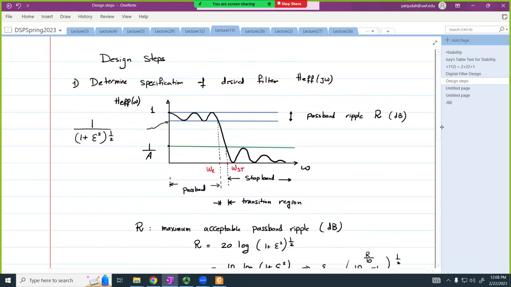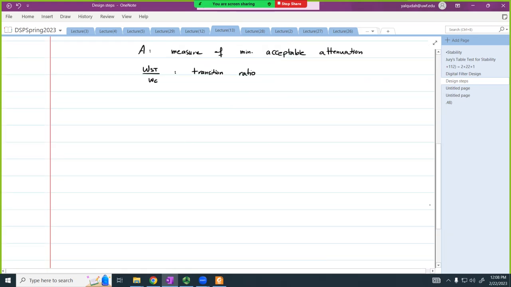So the design steps: we're going to look at the specifications of the desired filter. The second step, we're going to select the sampling frequency, or the sampling period, and we're going to map the specifications to the discrete time frequency.